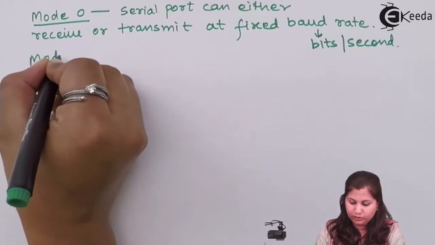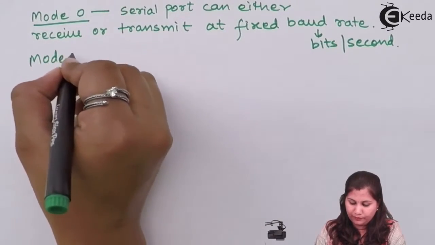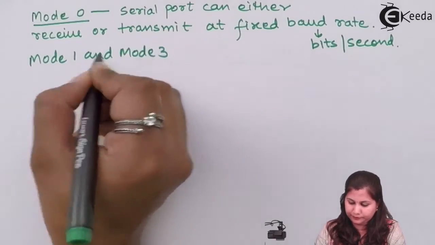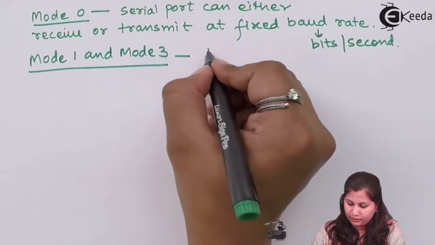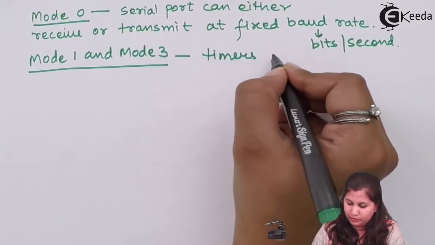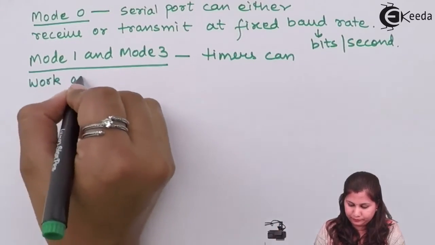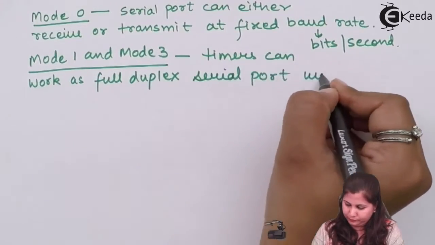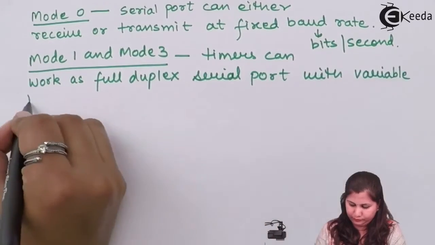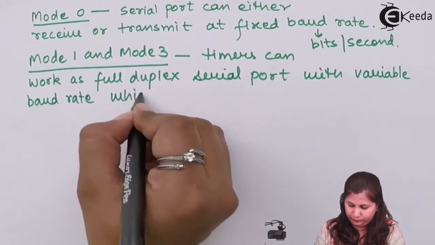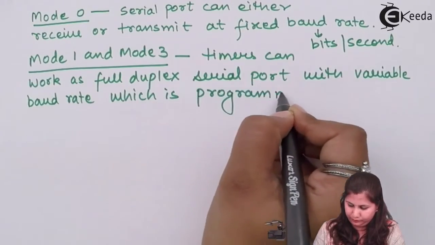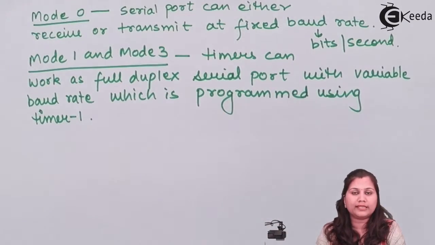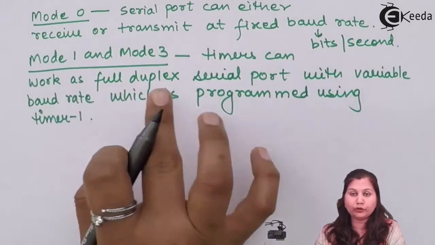Whereas in mode 1 and mode 3, timers can work so the serial ports can work as full duplex serial ports.